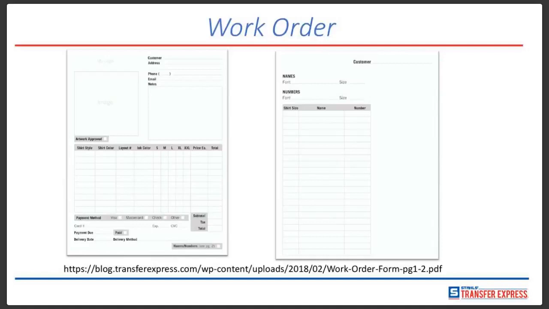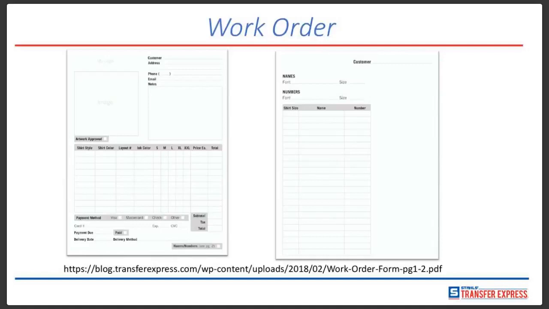On the left here, we have something we could send to the customer that would go over all the customer's details: the shirt style, shirt color, layout, ink color, what they're ordering, the total, how they're paying, etc. And then on the right, we show you an example of, if they're doing names and numbers, we can put down what font they're ordering, the size of the names, the font for the numbers and size, and we can go down the column here: shirt sizes, names, and numbers, just to make our lives a little bit easier.